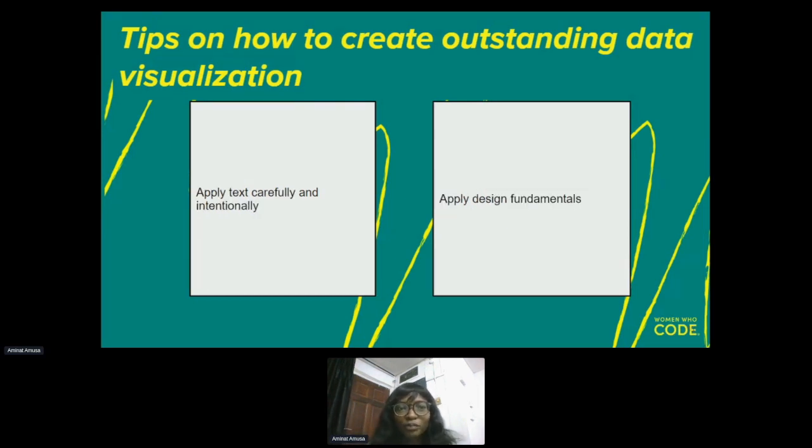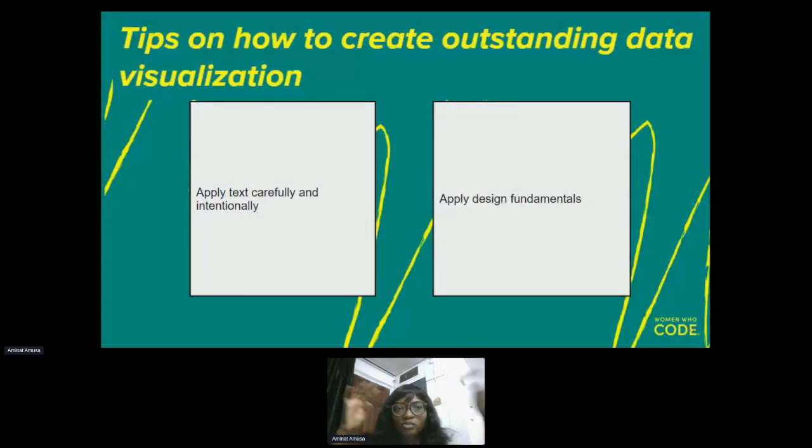The third tip that we'll be talking about is applying text carefully and intentionally. You don't just apply text randomly. For the text that goes with your visualization, make sure that you have a bold heading, so that at a glance, when people first look at your visualization, they understand what you are talking about.